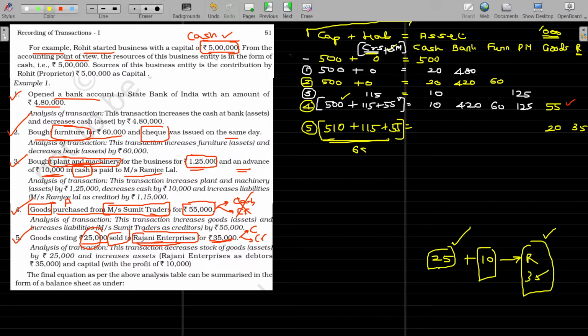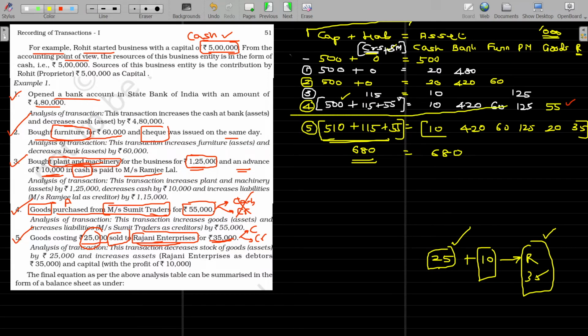Am I right? 680,000 rupees. In the asset side, no change in cash, no change in bank, no change in furniture, no change in plant and machinery. By adding all these items, you have to verify whether it's matching with 680.